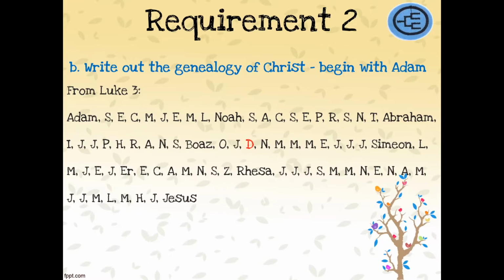Can anybody think, or does anybody know why that might be? Why might the 2 books of the Bible give slightly different answers or slightly different names? So up to David were the same. And then Luke has a different name that comes after David than from what Matthew says.